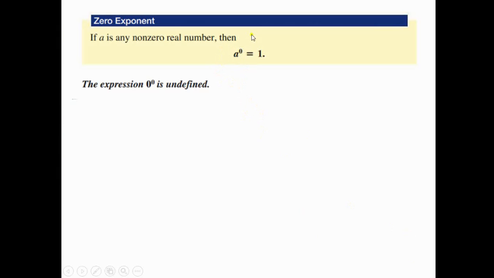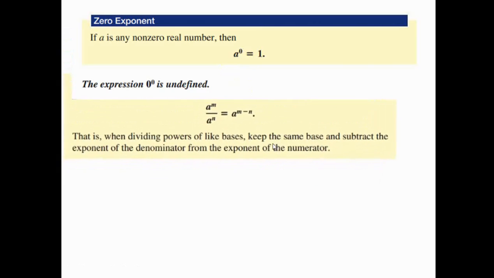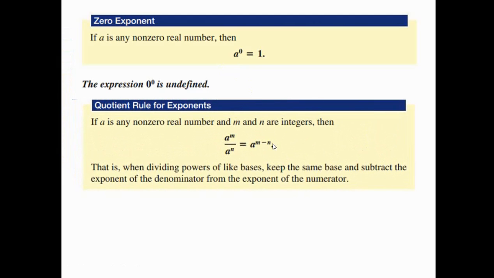But to explain these rules, we need to bring up one of the other rules. And that one is the quotient rule for exponents. Basically the quotient rule, as it says here, if you have a, some non-zero number, and m and n, which are integers, we can write this way: a to the power of m over a to the power of n equals a to the power of m minus n.